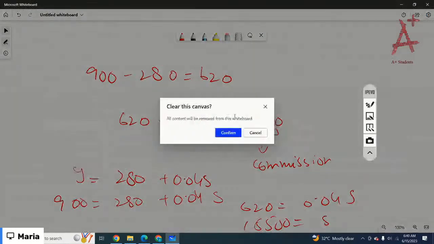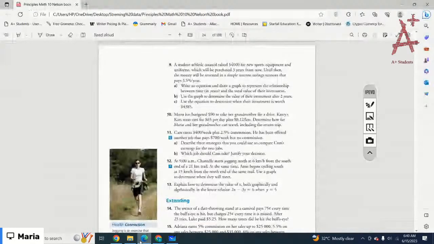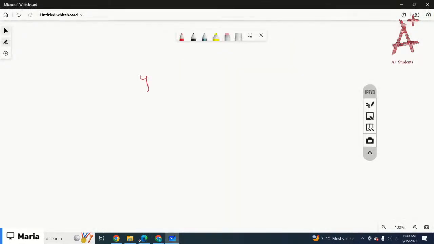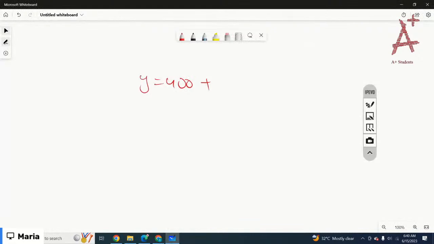The equation for situation 1 would be y equals 400 plus the commission, which is 2.5%, so 0.025x.